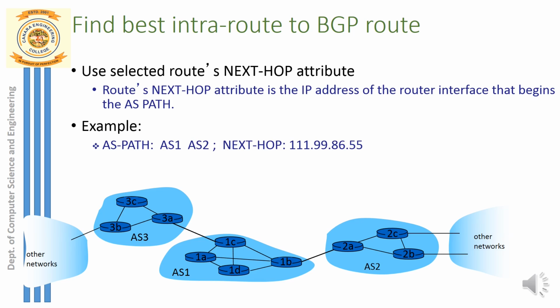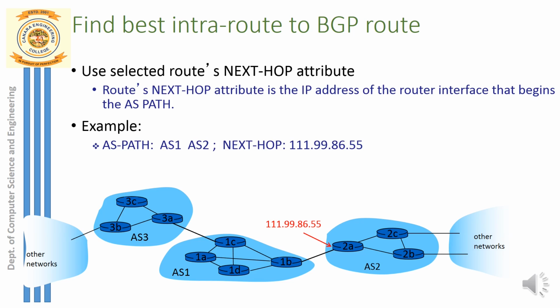Suppose AS2 to AS1 is a path in order to reach the destination. In order to reach from AS2 to AS1, the next hop is 1B. Or if I have to reach from AS3 to AS1, the closest next hop router will be 1C. So the next hop is the closest router in order to reach the destination. Based on the next hop router you can select the best path to reach the destination, and in that case you can also break the tie.